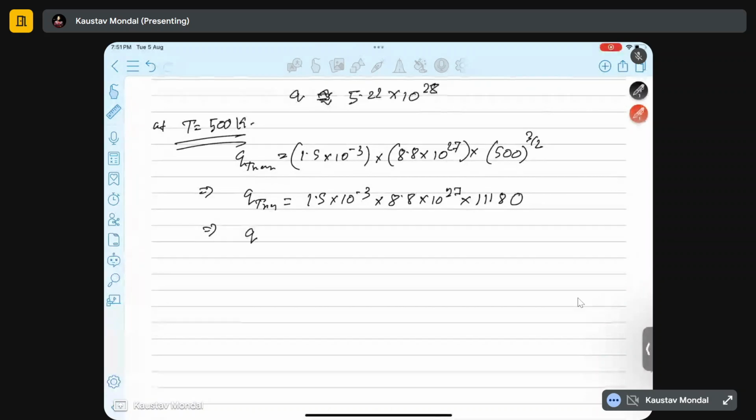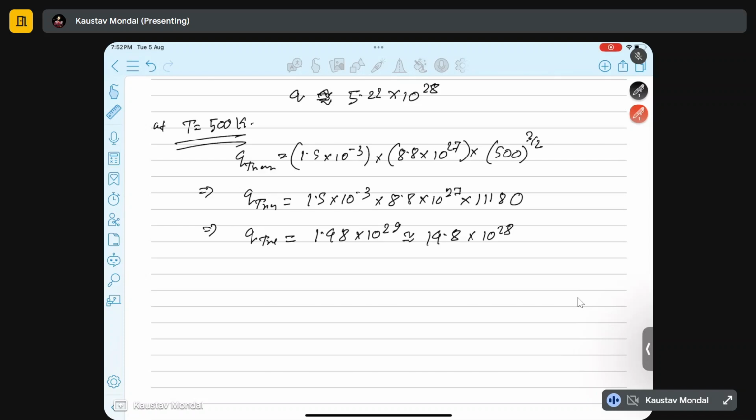This gives you the translation partition function. Now if we calculate 1.5 into 10 to the power minus 3 to 8.8 into 10 to the power 27 to 11180, after doing all the calculations you will be getting 1.48 into 10 to the power 29, which is 14.8 into 10 to the power 28.